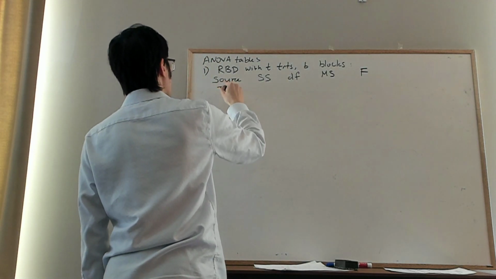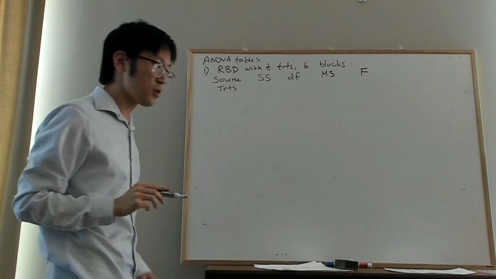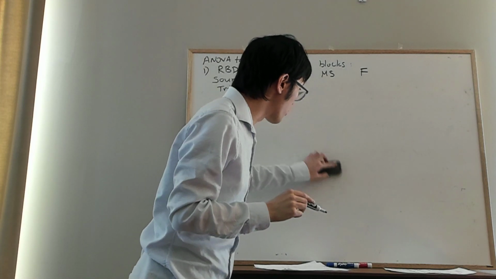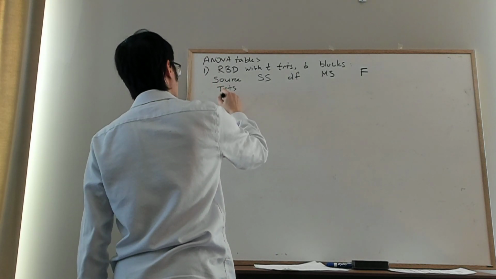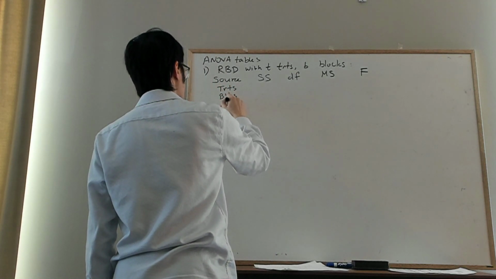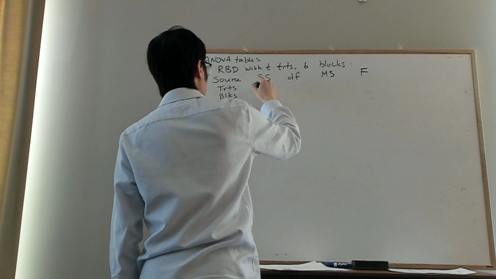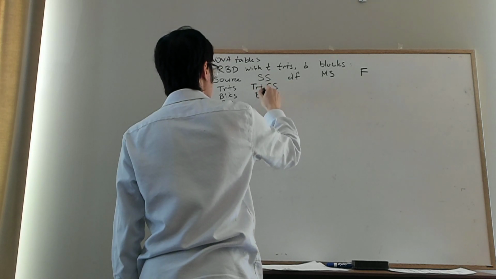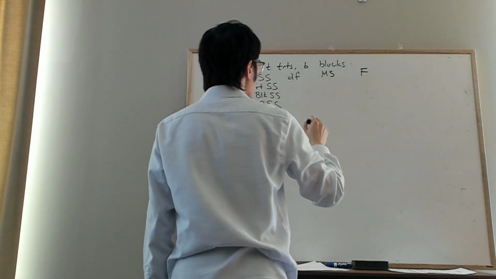When we did randomized block design, we had this ANOVA table, so we're just seeing it again, and I'm going to put it side by side with the version that allows for interaction. The sources are treatments, blocks, and then residual. I'll just write the shorthand because we've already seen all the algebraic expressions: treatment sum of squares, block sum of squares, and residual sum of squares.